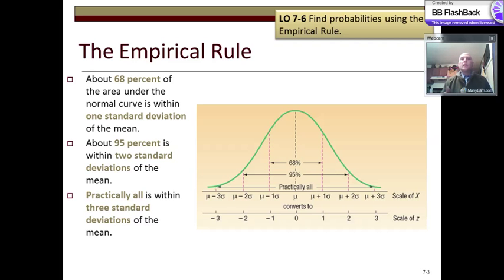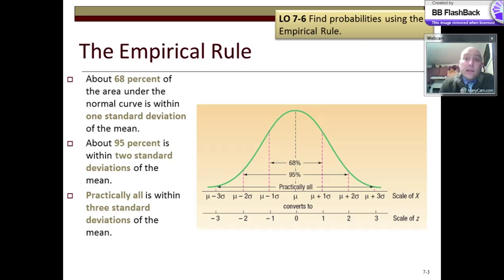For example, 68% of all values, of all respondents, of all things, whatever, 68% of all stuff is within 1 standard deviation below and 1 standard deviation above the mean. And that's what you can see right there where it says mu. That's your mean value, and then you can add a standard deviation or subtract a standard deviation. That's 68% of the data.